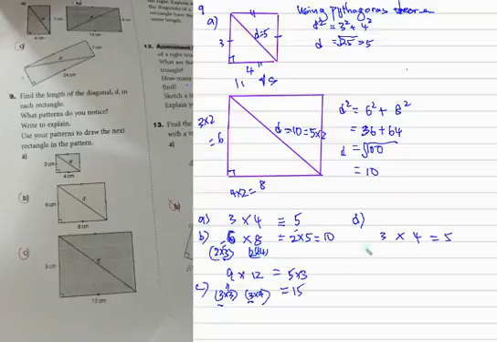So this one should be 4 times 3, give you a 12. 4 times 4 should give you a 16.